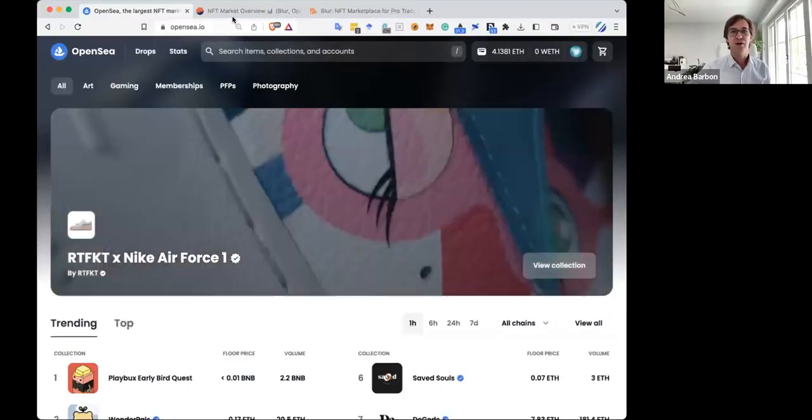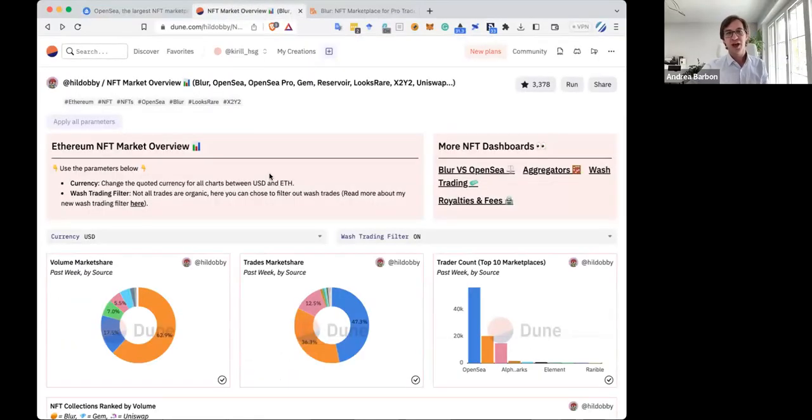I hope you see my browser now. If you go to Dune Analytics, which is a website where you can actually track statistics about assets and activity on blockchains, you can browse this very interesting dashboard, which is called Ethereum NFT Market Overview.